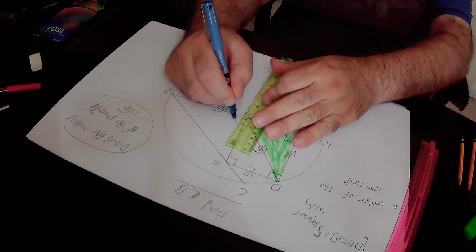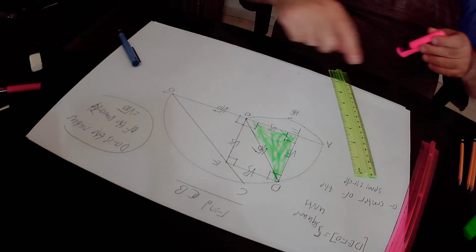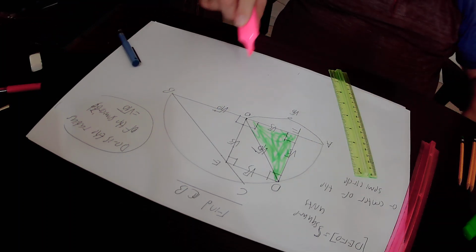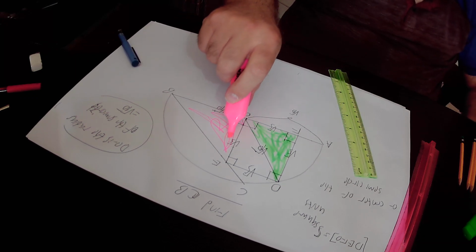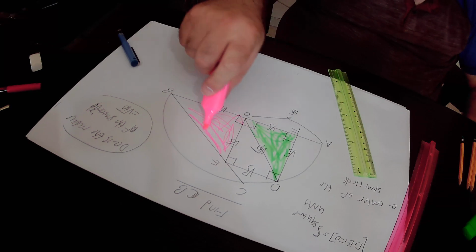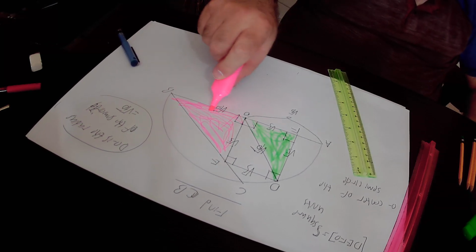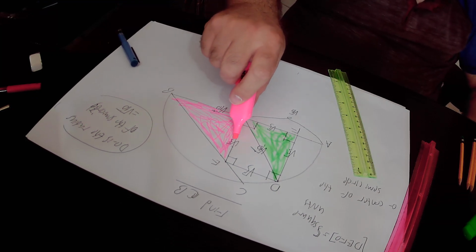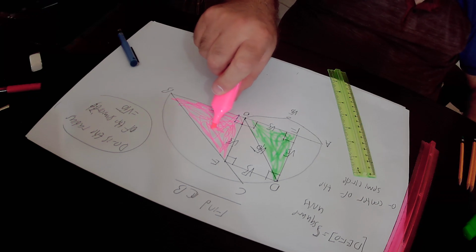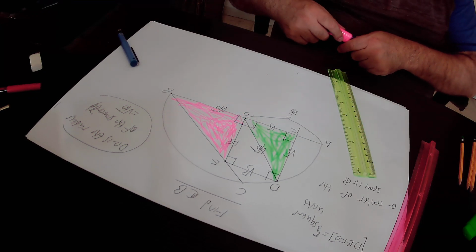So, if angle EOB equals 90 degrees, it means that triangle EOB is a right triangle. The pink triangle EOB is a right triangle. Therefore, we can implement the Pythagoras theorem on this right triangle, triangle EOB. So I copy triangle EOB in a new page and we'll implement on it the Pythagoras theorem.